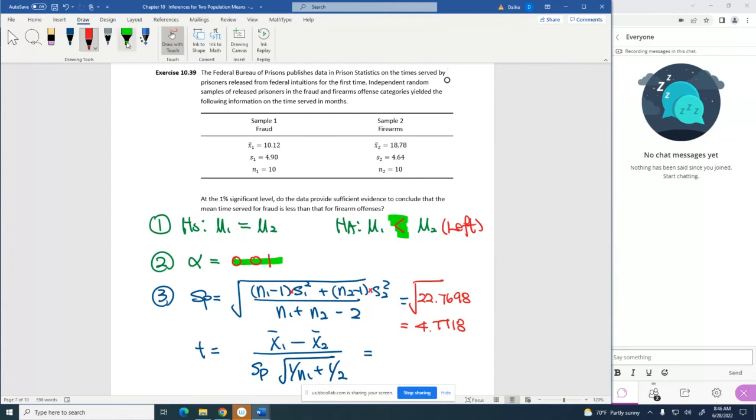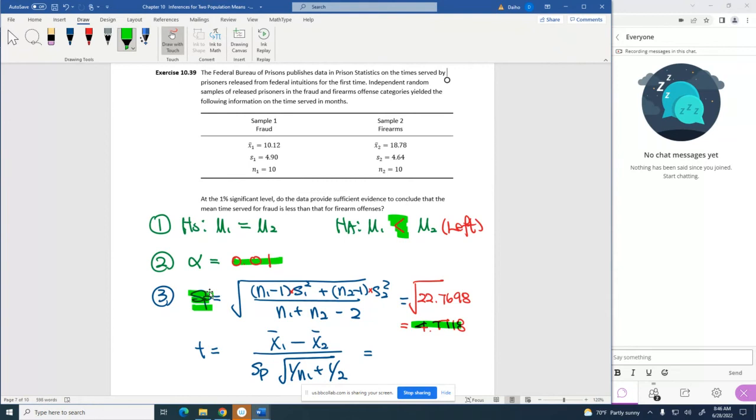Am I right? SP is 4.77. Did you get 4.77 for SP? Please let me know if you didn't get 4.77. After square rooting it? Yes. Before the square root, inside the fraction must be 22.76.